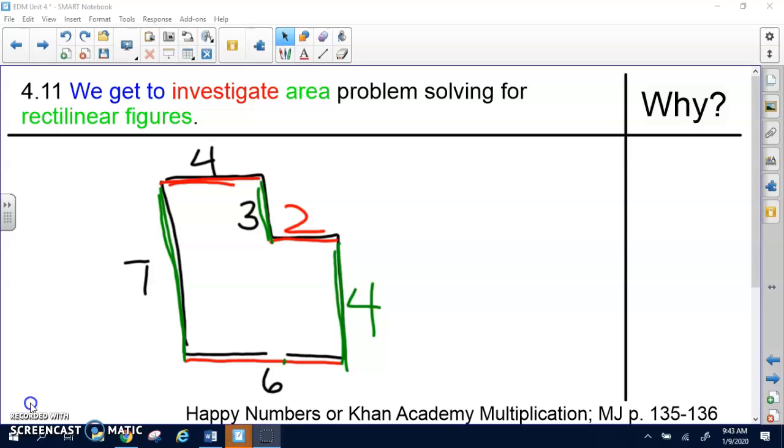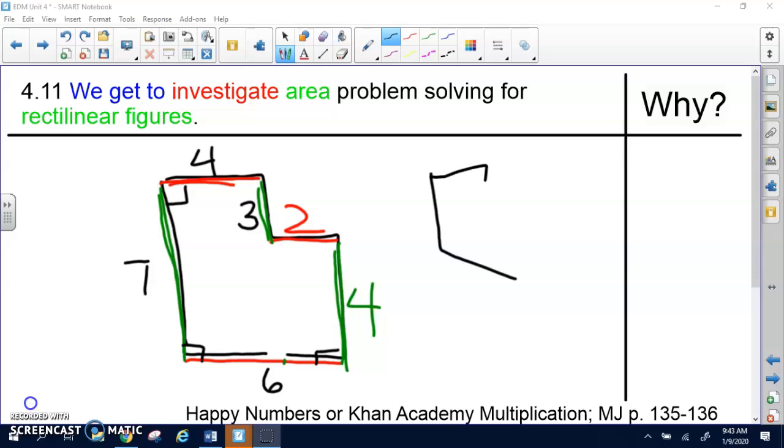This is based on the idea that all of these angles are right angles. If we had a figure like this, the lengths would change because these are not right angles here.